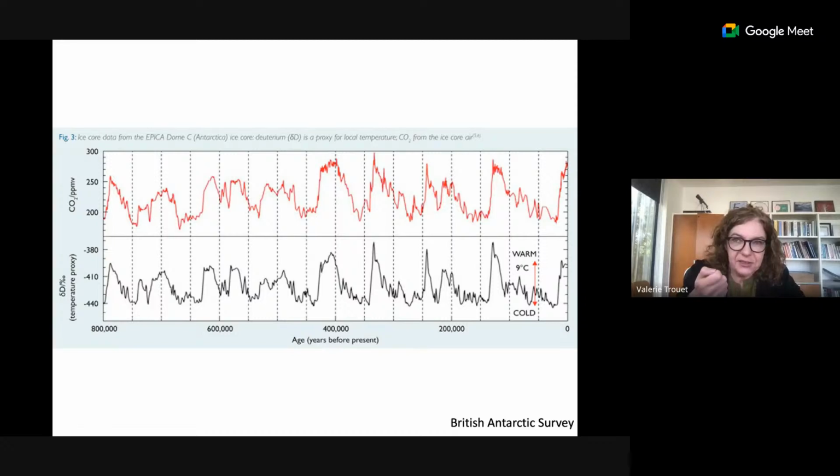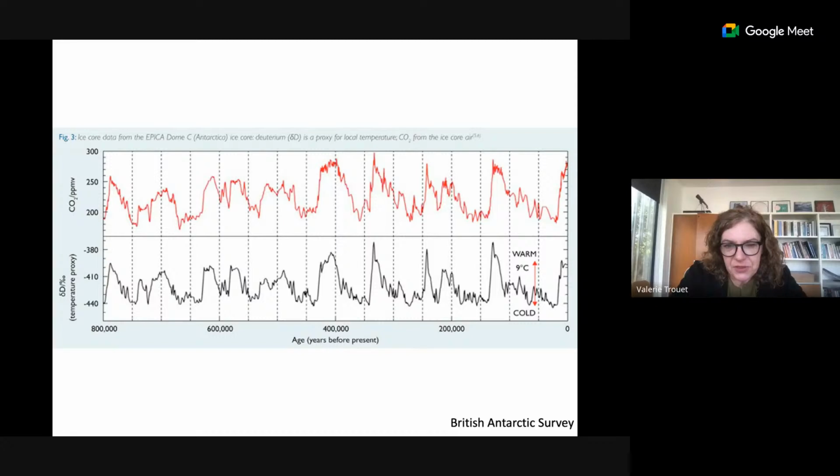That ice still contains air bubbles of air that's 800,000 years old, and you can measure the amount of carbon dioxide in that air up until the present. That's how you get the CO2 curve that you see.